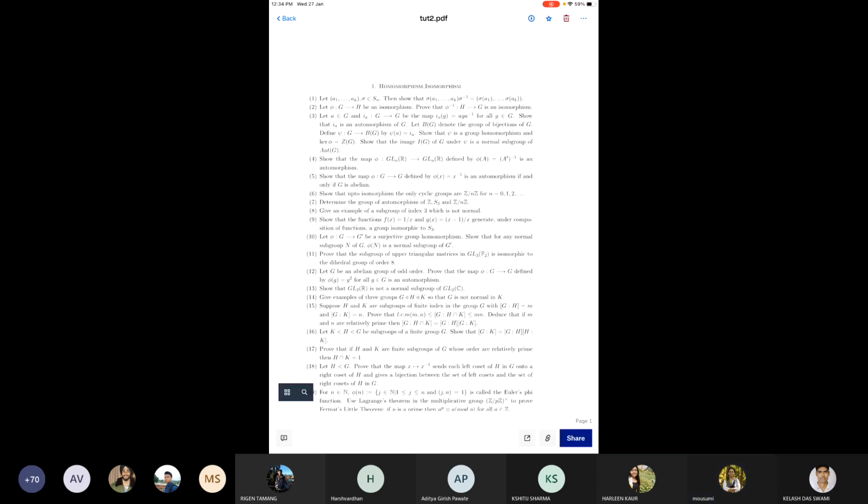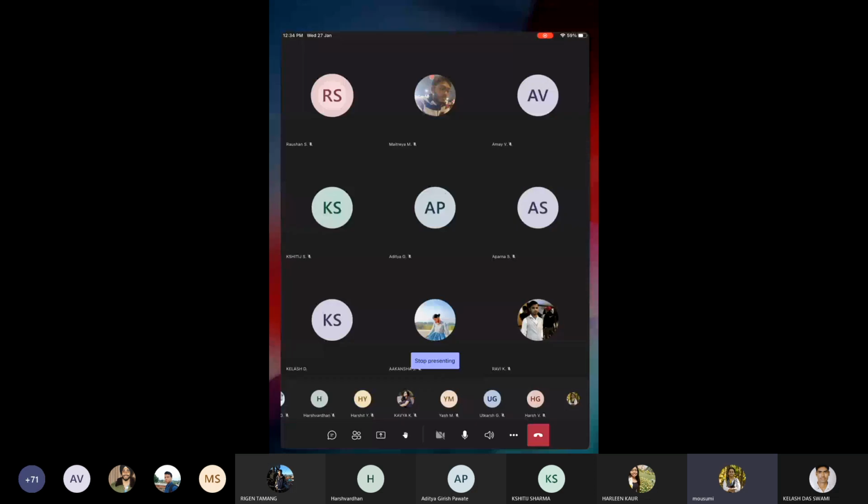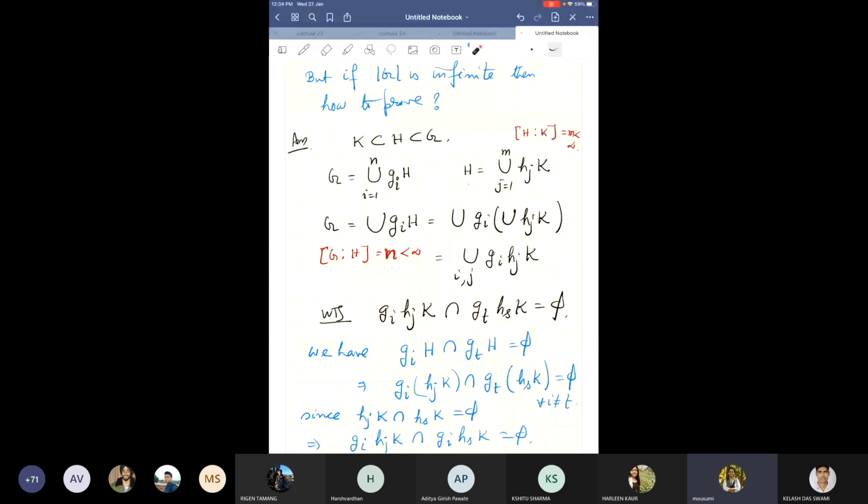I just wanted to know how exactly is the dihedral group formed by those symmetries of an octagon or something like that? The symmetries of a square. Okay, see, what are the symmetries of a square?